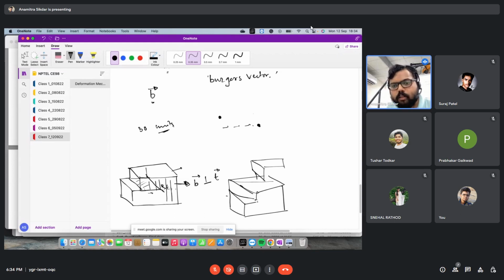Now imagine the same thing is happening here. Instead of the whole plane going from here, overall this line is going in this direction. So you are just tearing the upper part. All right. So the defect is moving along this direction, but what will be the direction of t?